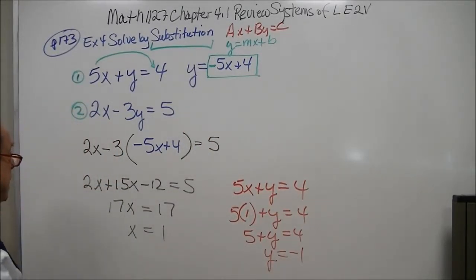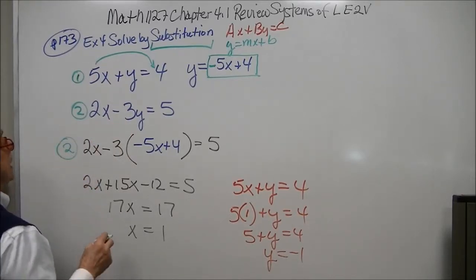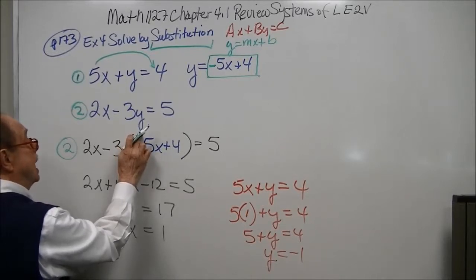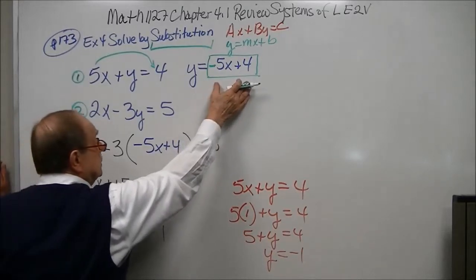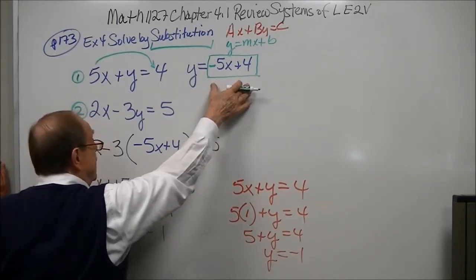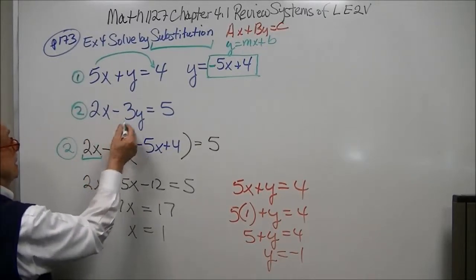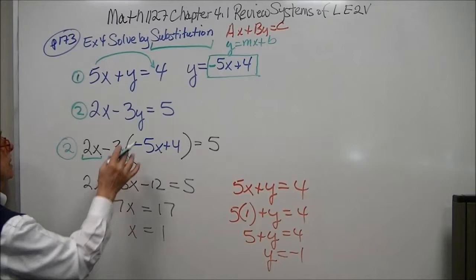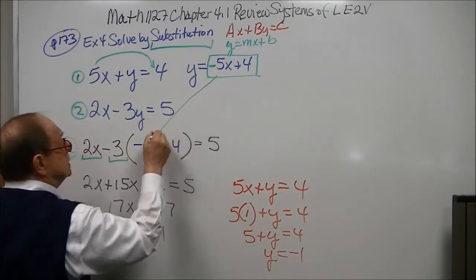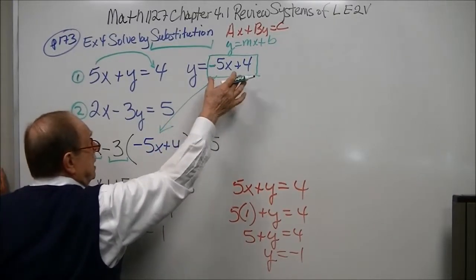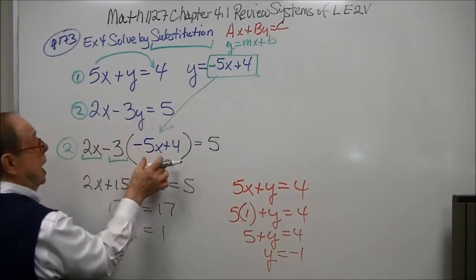Now we then take our other equation, which we said was equation 2, and where there is a y in the other equation, we're going to introduce this value for y. So we write the 2x exactly the same, the -3 exactly the same, but now where the y is, we're going to introduce this value. We are substituting this value for y for the y.